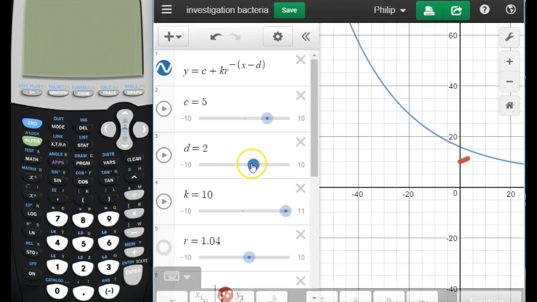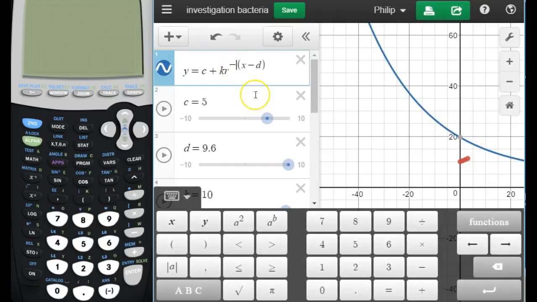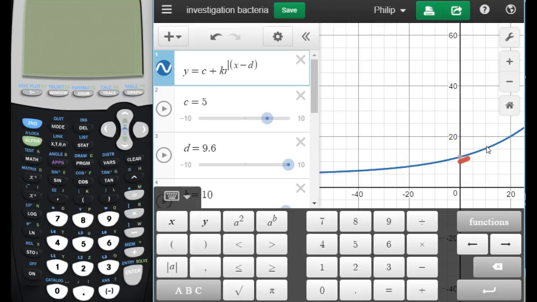Now what if we have a D that's not 0? Let's make a D that's not 0. Now let's flip it. Oh, interesting. The D value here is about 10. Now watch this line right there. Look at that. So it flips it around the axis at x equals 10.